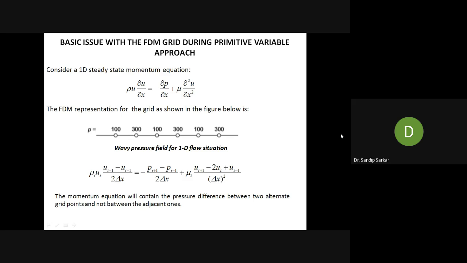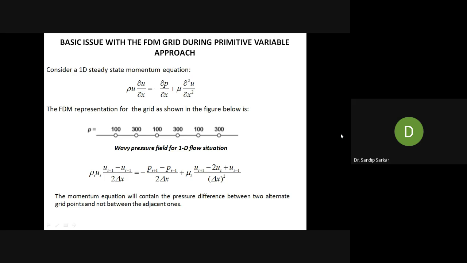Again, it is not so straightforward to employ this primitive variable approach, or direct solution of the Navier-Stokes equations, on straightforward finite difference grids.